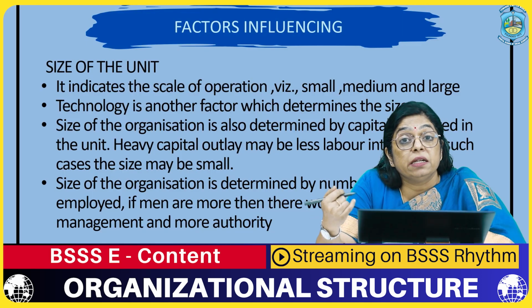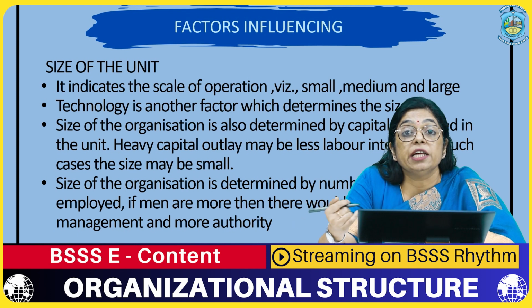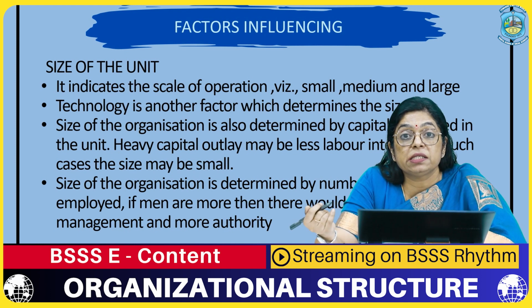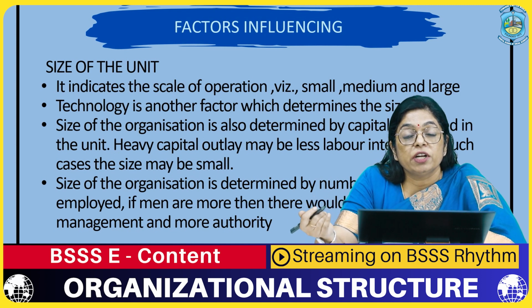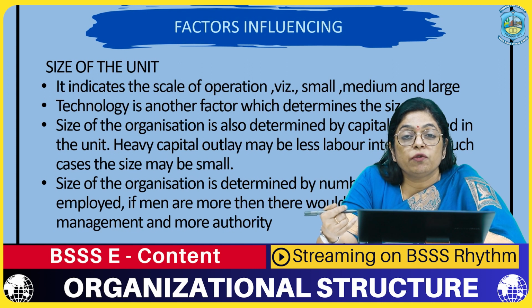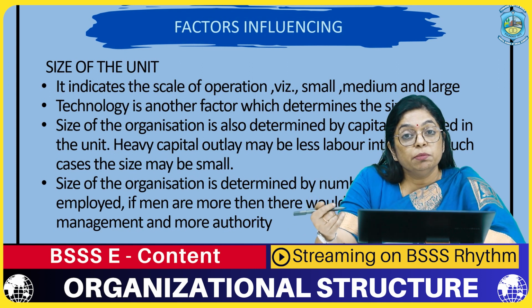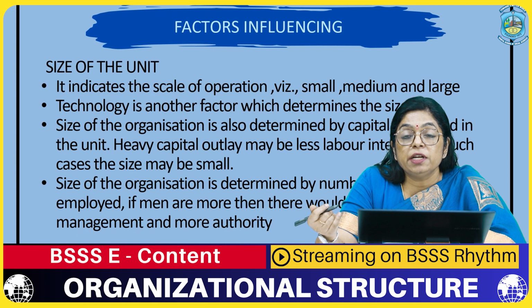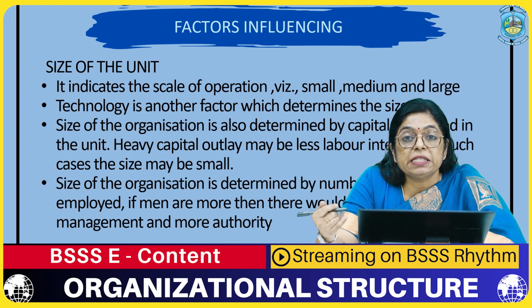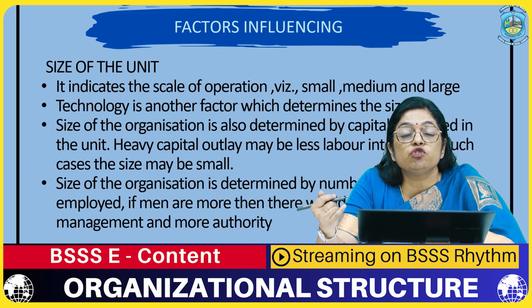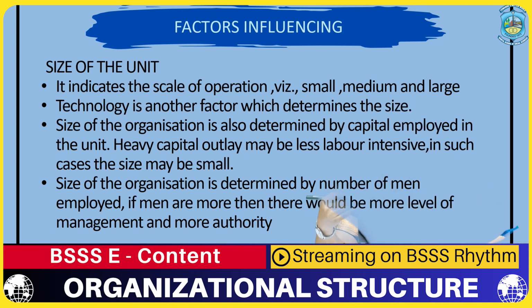If the business is large, there would be larger use of technology, and technology again determines the type of organization. The organization where less technology is used, we may say the size is comparatively small, and if the size is comparatively small, then the organization structure may not be so big.